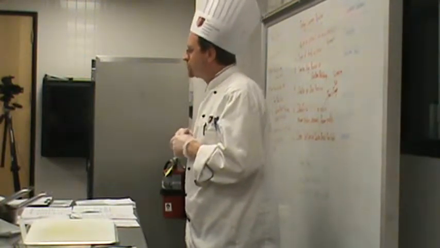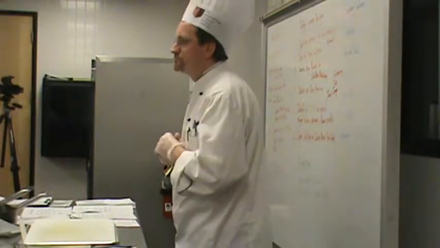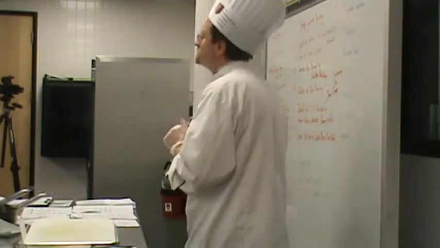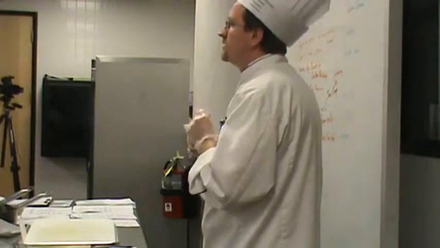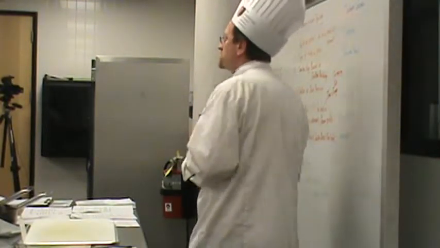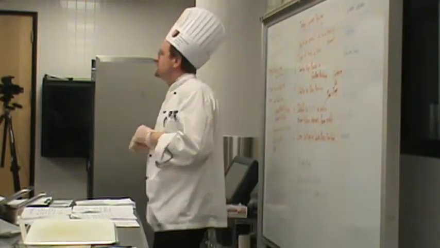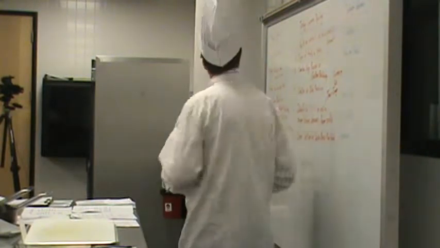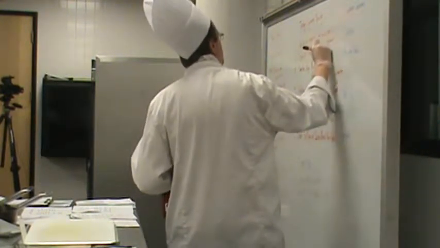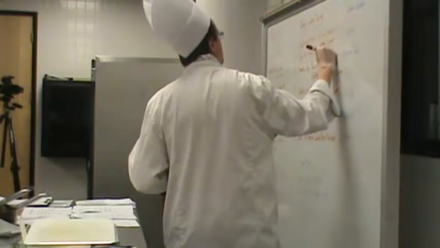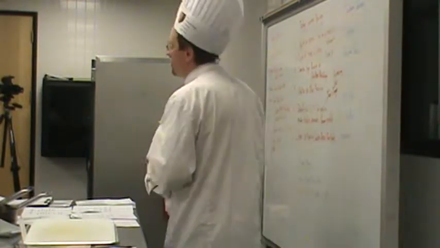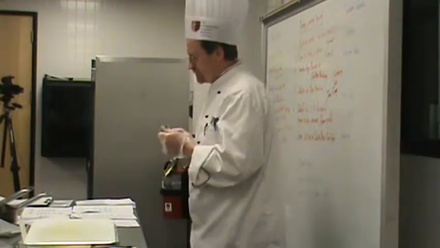So what's the difference between shallow and deep poaching? Shallow water? Little water. Give me some more specifics. How much liquid? Exactly. We're bringing our poaching liquid up halfway up the level of the meat. Okay?